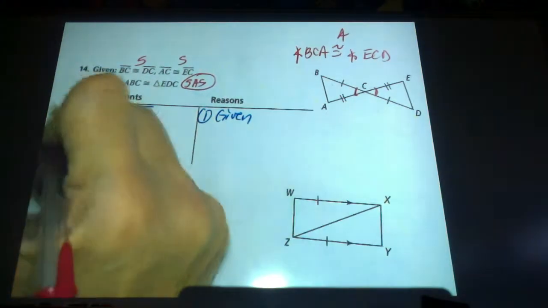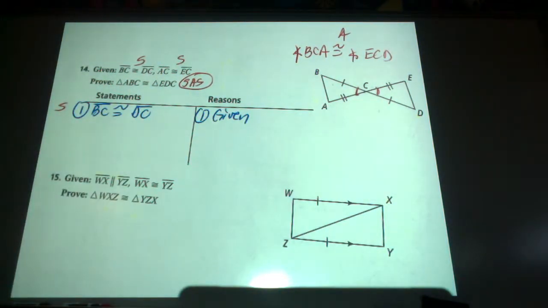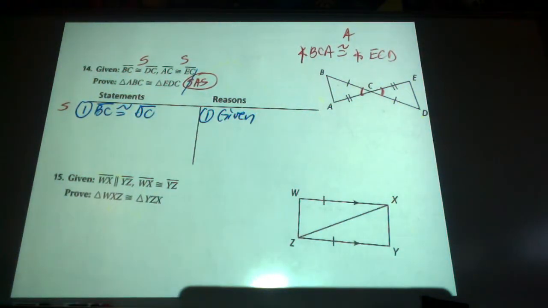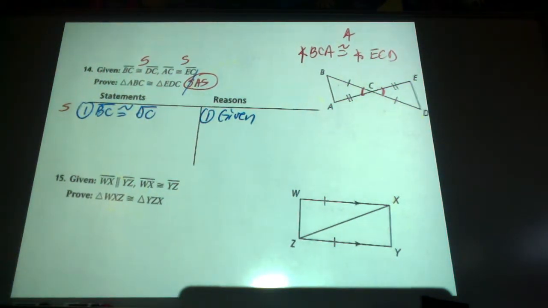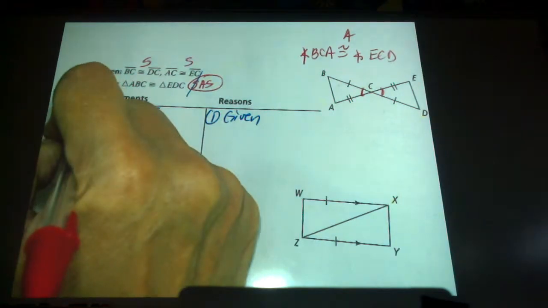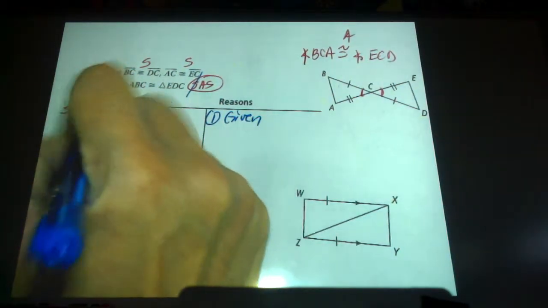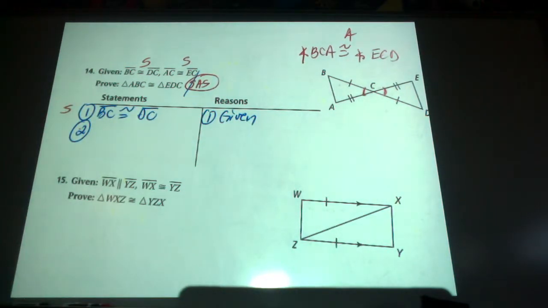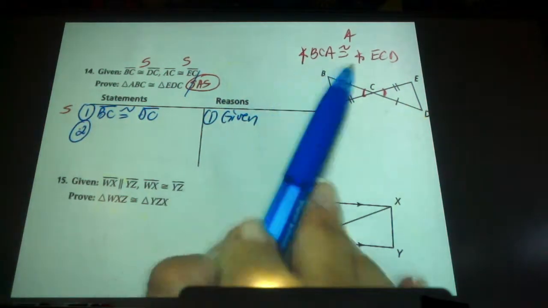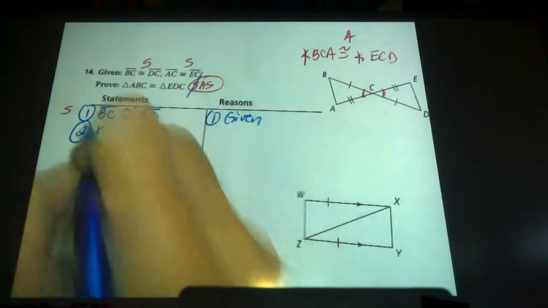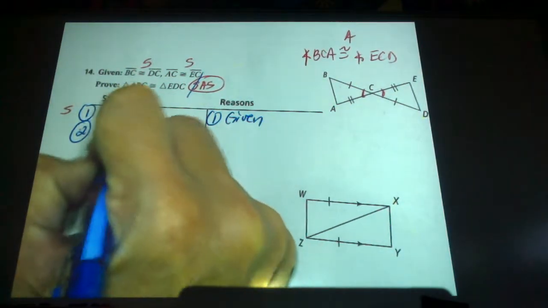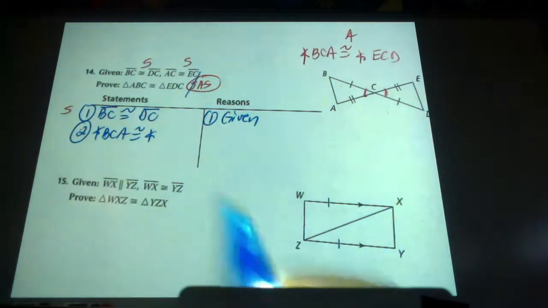So off the side, I'm going to put S. And I want that progression of SAS. So I'm going to cross out the S, check off. Then my second step is going to be to prove an angle congruent. Sometimes it might take a couple of steps to get there. In this case, it just takes one step. So I've already pre-planned that I'm going to say that angle BCA is congruent to angle ECD.